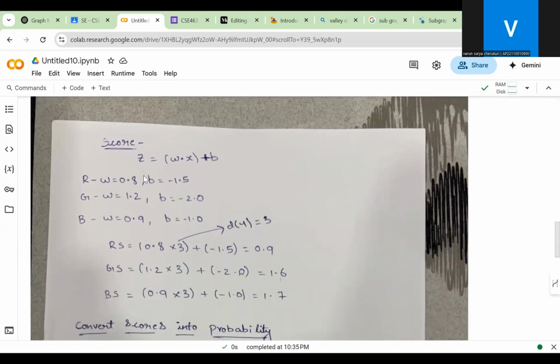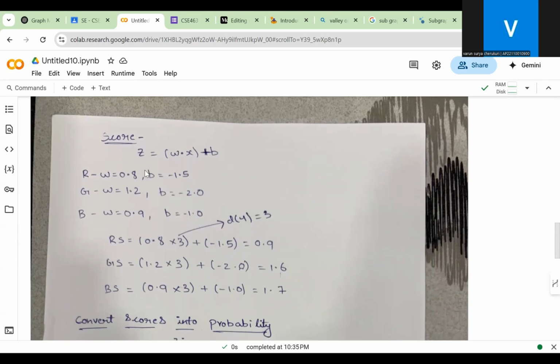In logistic regression, first we'll calculate the scores of the labels. The formula for the score is Z equals W times X plus B, where W is the weight, X is the degree for a specific node, and B is the bias.